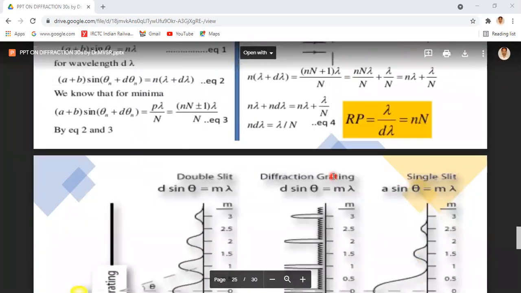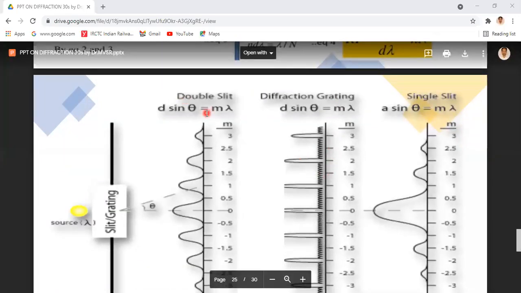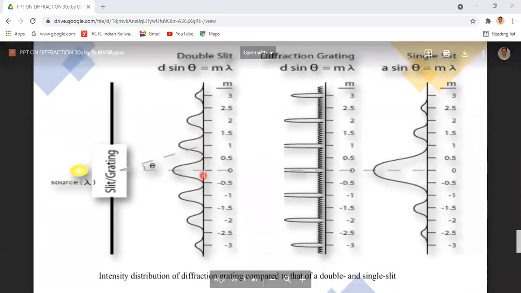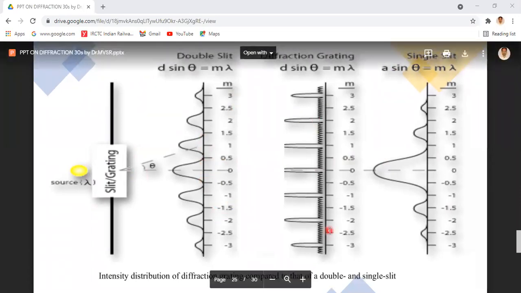Okay. Next, coming to double slit interference, that is, interference from a double slit experiment, diffraction grating and single slit. These are the comparisons among these three. Taking the double slit, d sin theta is equal to m lambda, and this is the diffraction grating experiment.